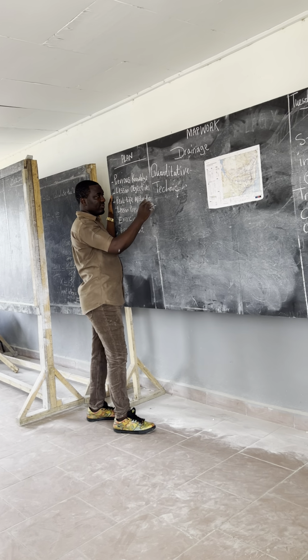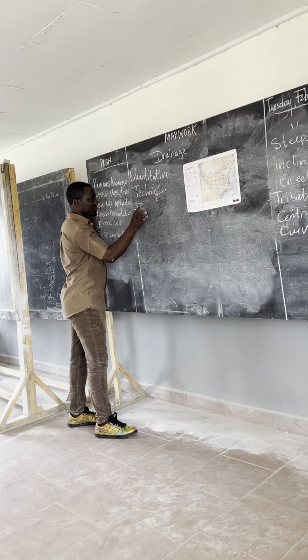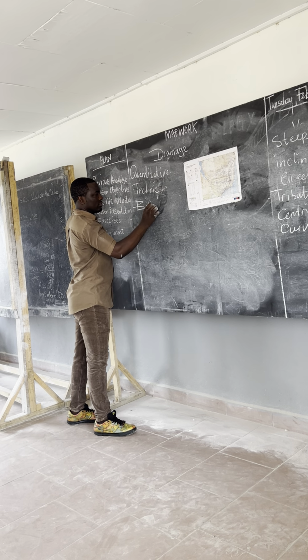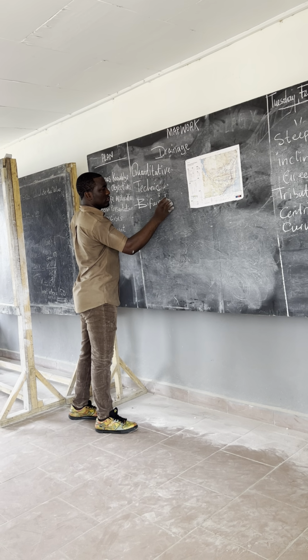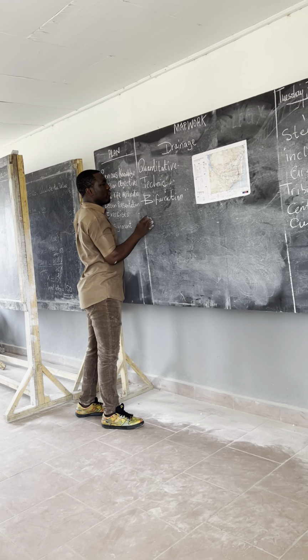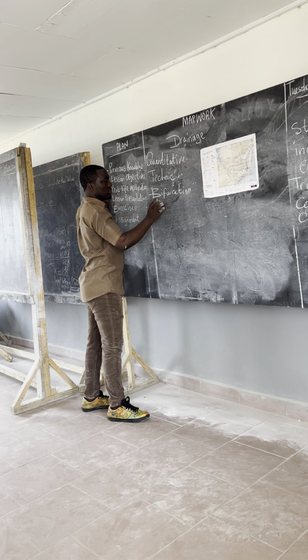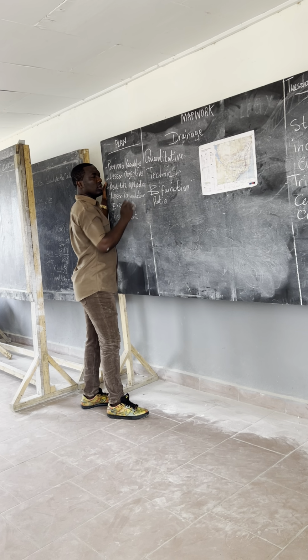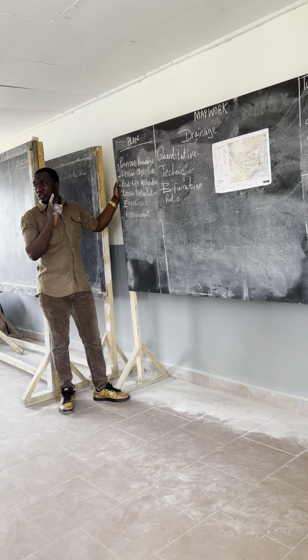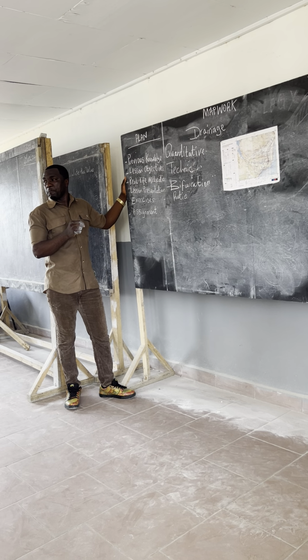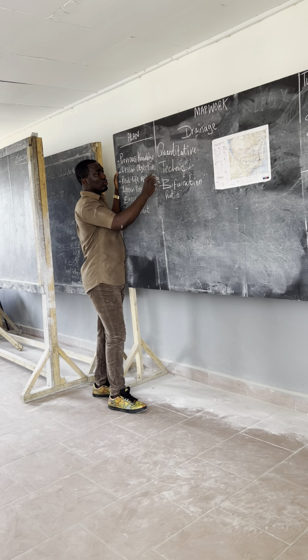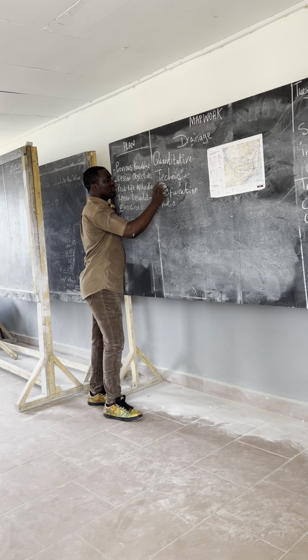We have bifurcation ratio. These ones are very, very important. It is always on paper. These ones fall under drainage.